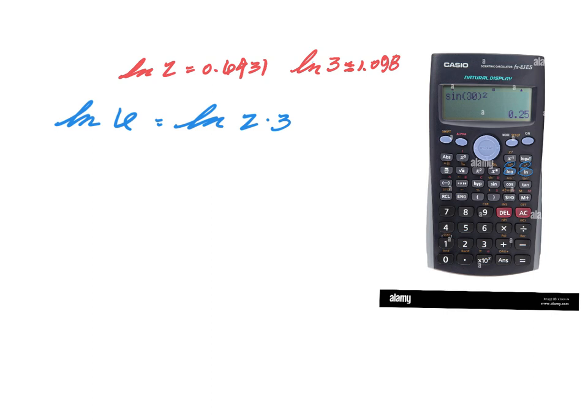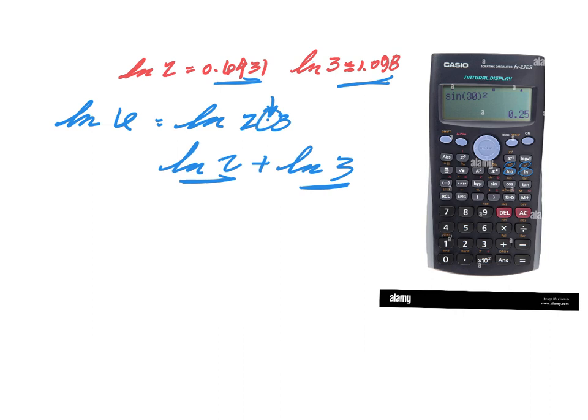And if you remember right, we could write these as ln of 2 plus ln of 3. Remember doing that? When they're multiplied, it's the same as add. So now all I have to do is take ln of 2 and add ln of 3. This number plus this number is going to give me my answer. So you split them up, but you can't just take this and multiply it by this. That's not what we're doing here. Remember, we have to expand them before we solve it. You can't multiply, so don't attempt to do that.